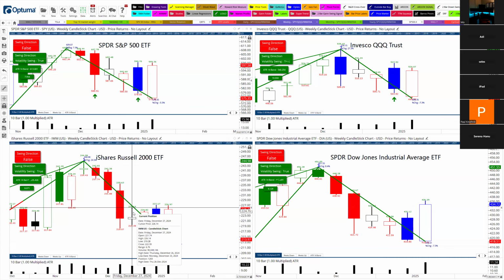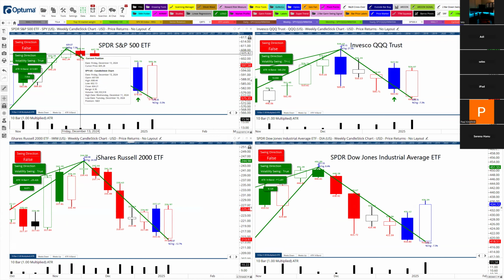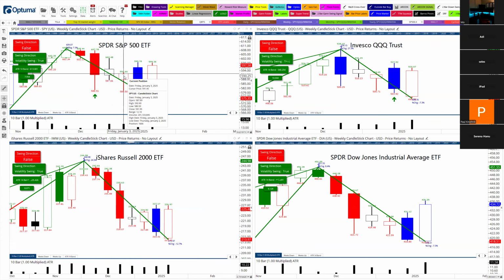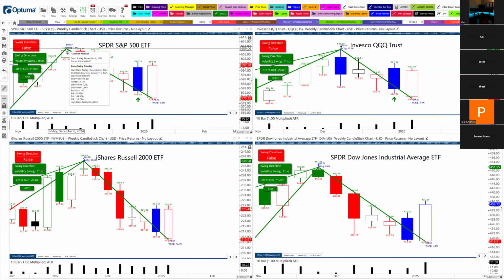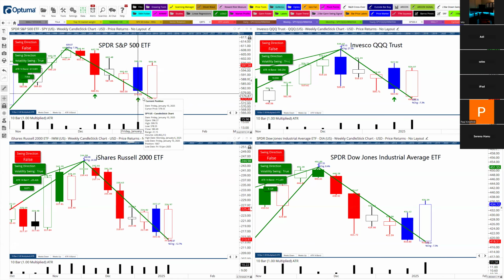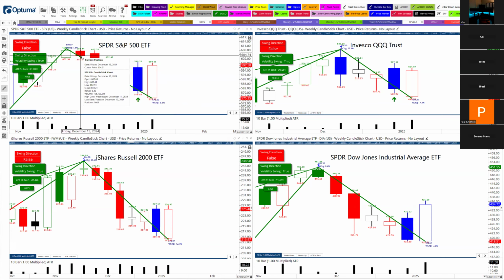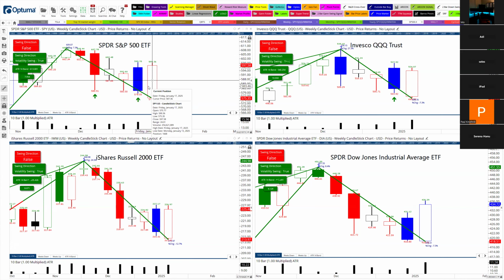Now if you pay attention here, what do you see? One, two, three, four, five, six. 6 weeks from the 609 all-time high of SPY all the way down here, we haven't made a single higher high yet. That's one thing.